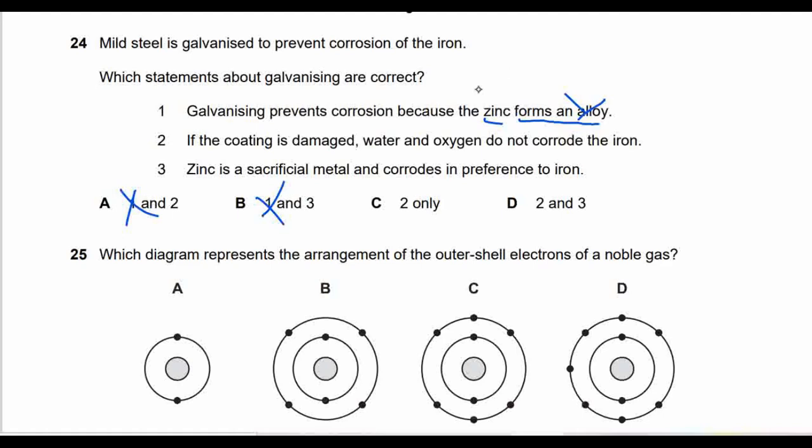If the coating is damaged, water and oxygen do not corrode the iron. Yes, because they still prefer to react with zinc. So 2 is correct. 3: zinc is a sacrificial metal and corrodes in preference to iron. So 3 is correct. So we have D.